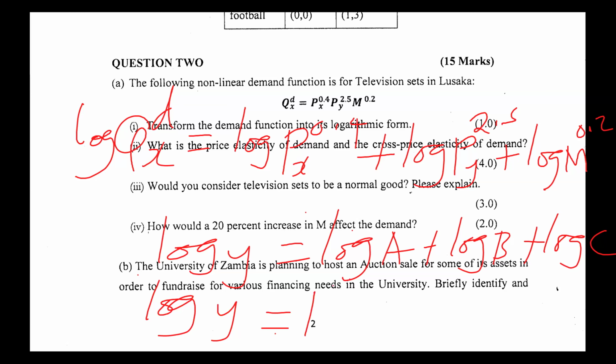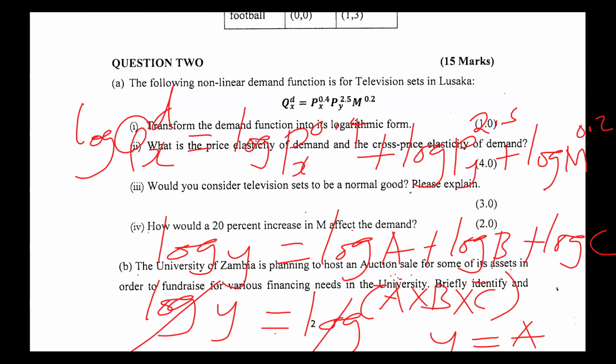Since they all have the logs of the same bases, you can lift up these as the powers: the log of the power a times b times c, like that. Still the same thing. So that log and log can cancel, and your function will be y equal to abc, like that. That will be your function. So again, if you want, you can still transform this log again and again.